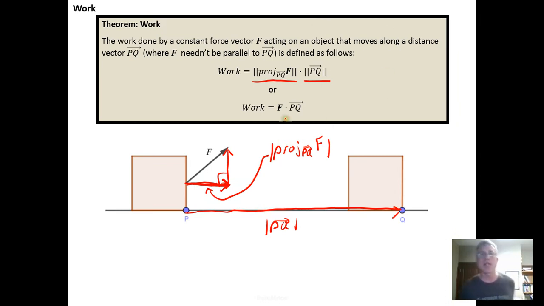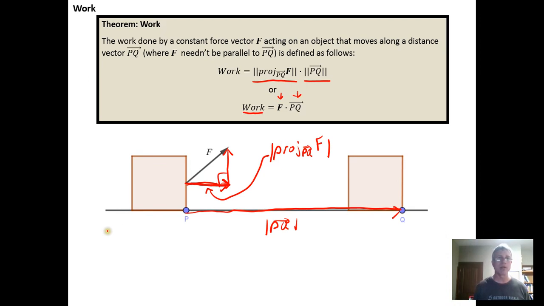And so work is still force times distance. What we want to identify is that if we've represented force and distance using vectors, all we need to do to calculate work is take the dot product of the force vector and the distance vector. So what we want to do is justify that.